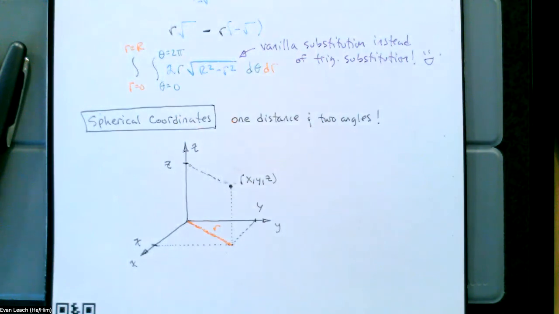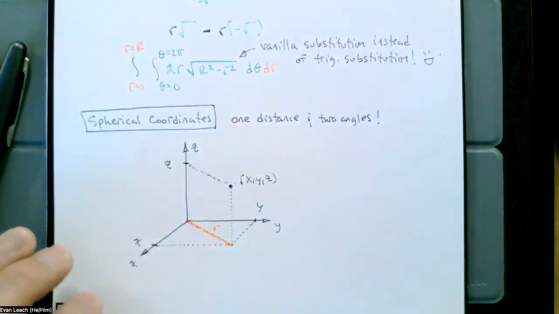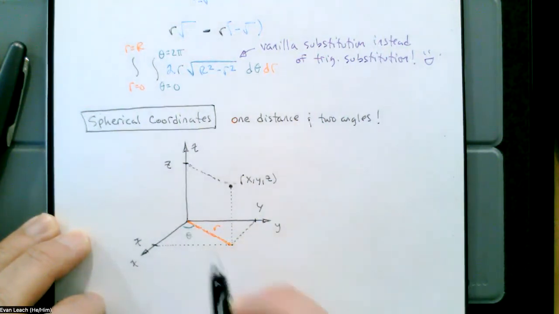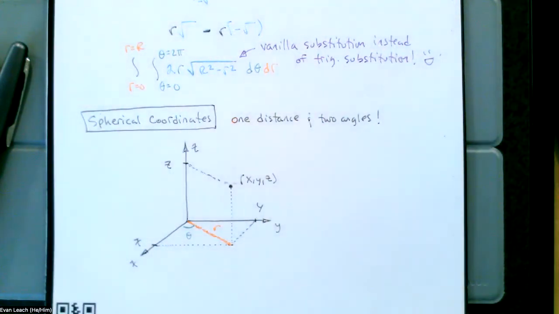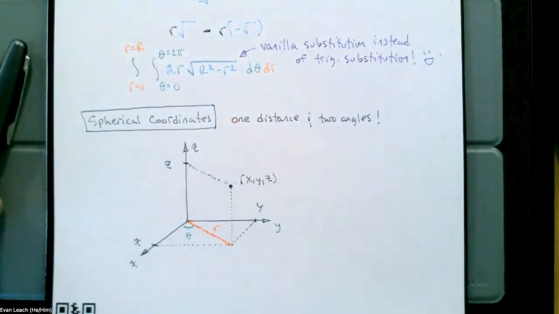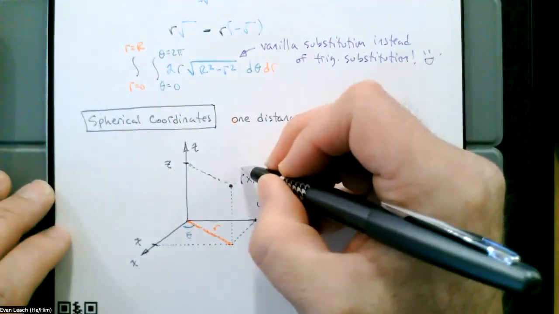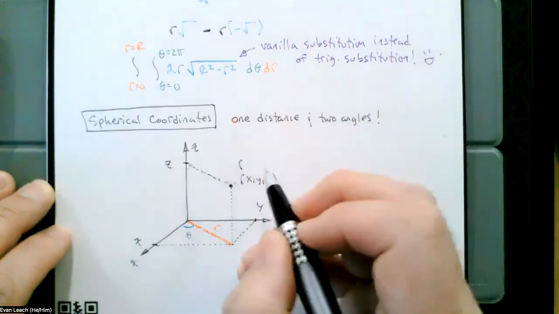The angle from the positive x-axis to where we drew r, that's going to be theta. The z is the same in both polar and rectangular coordinates. So this point x, y, z in rectangular coordinates will be the points r, theta, and z in cylindrical coordinates.